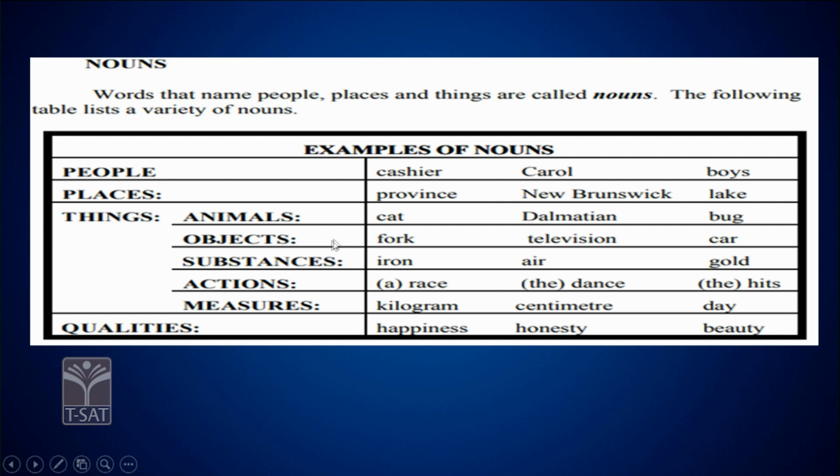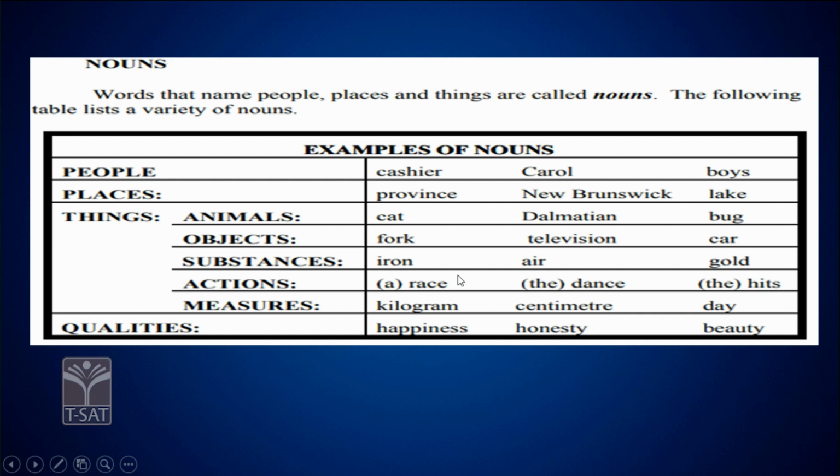Now we look at things. The first comes here, animals: cat, dog, lion, all these things. Dalmatian, one of the breeds of dogs. Bug is also one of the examples for these animals. There are umpteen examples, right? The animals which are existing on this earth come under the category called nouns itself.